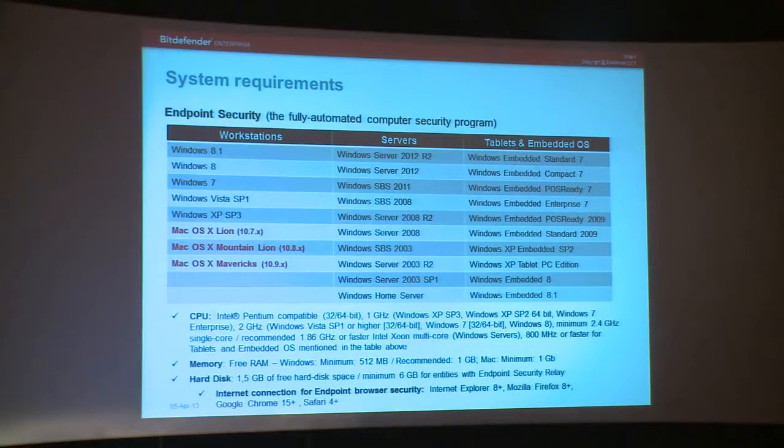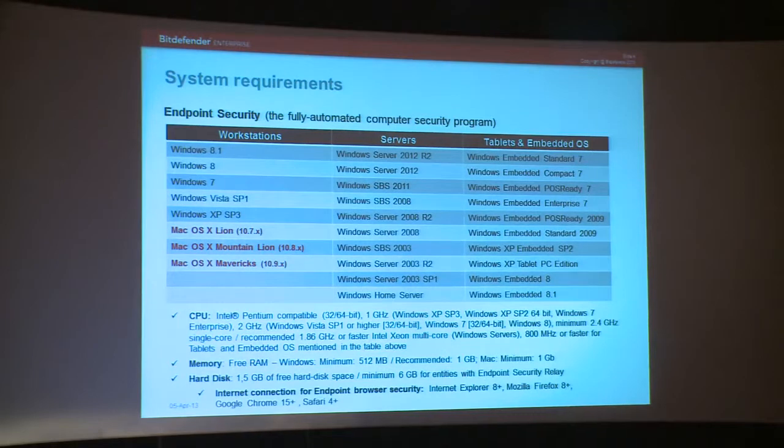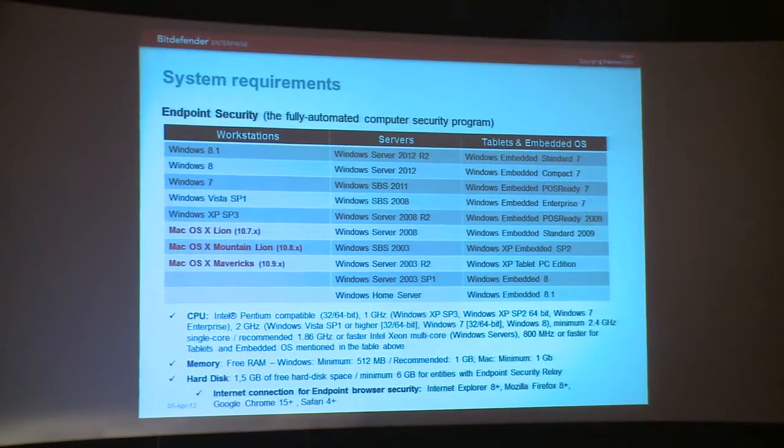Now, I'm just showing you a big slide with the system requirements. What you need to understand is that it is compatible with the Windows operating system, starting from Windows XP Service Pack 3 up to the latest one, Windows 8.1.